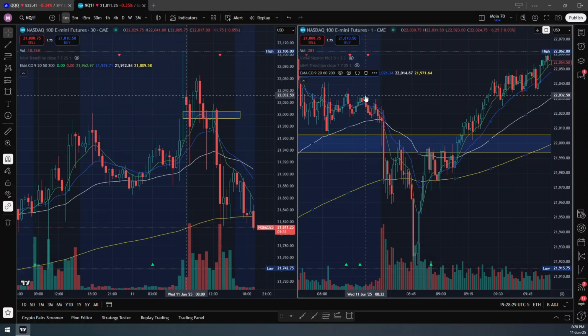You can use that as the neckline for the inverse head and shoulders that was playing out there as well. You can do it on the 5-minute, shoulder, head, shoulder. That's perfectly fine. Whichever way you look at it, it is playable very well every single day that you look at it.